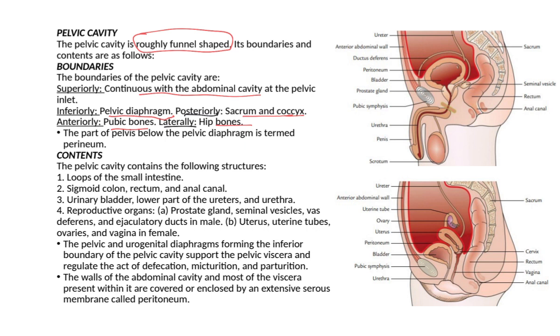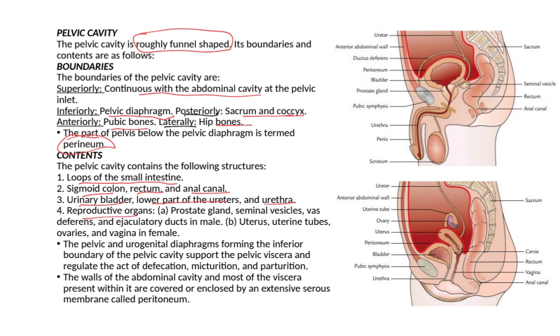The part of the pelvis below the pelvic diaphragm is termed as perineum. Remember that name. Contents: the pelvic cavity contains loops of the small intestine, sigmoid colon, rectum, anal canal, urinary bladder, lower parts of the ureter and urethra.